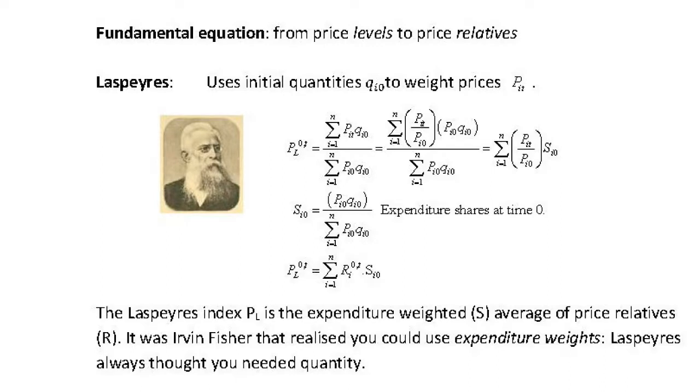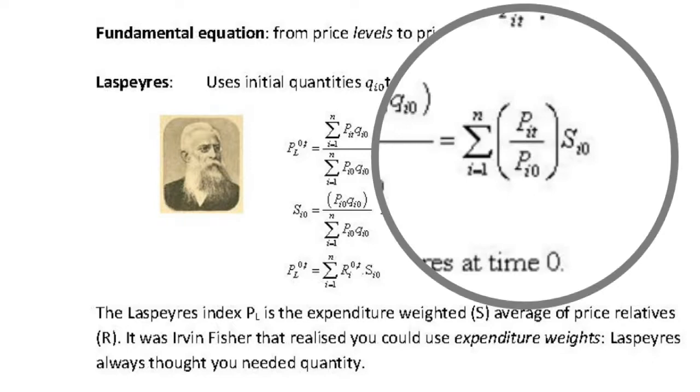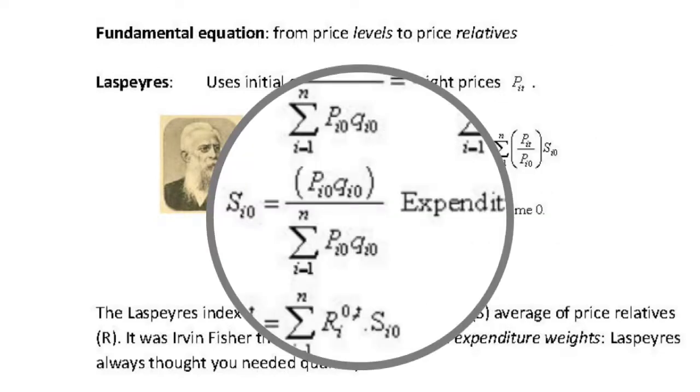So we can write this because the denominator is the total expenditure on goods in the base year, and in the numerator we've got the expenditure for each good I. So we can rewrite that as the thing at the end of the top line, which is the sum, I equals 1 to n, of the price relative for good I, that is PIT divided by PI0, multiplied by SI0, where SI0 is the expenditure share of good I at time 0.